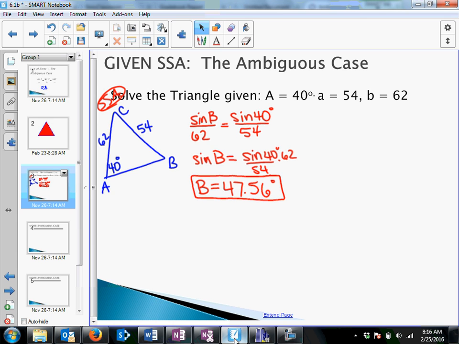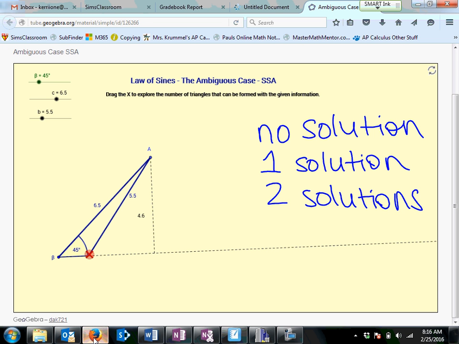Excellent. Now I'm going to go back to our picture here. If we have the case of two solutions, the first angle you're finding would be this one right here across from the side that we know. So if we have the case of two solutions, what is going to be true about the angle in this triangle here and the angle in this triangle here?